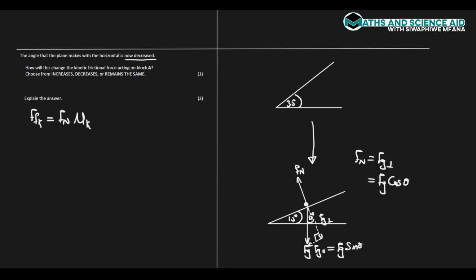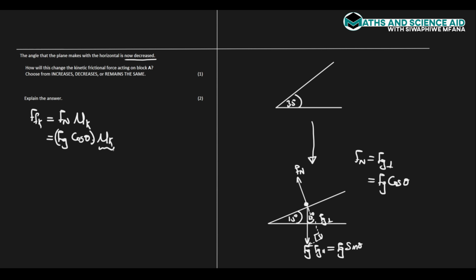You can say that Fg perpendicular is an adjacent side relative to this angle of interest. So the adjacent over the hypotenuse is a cosine ratio. So in place of the normal force here, we can substitute in Fg cosine of theta, and then all of that needs to be multiplied by mu k.